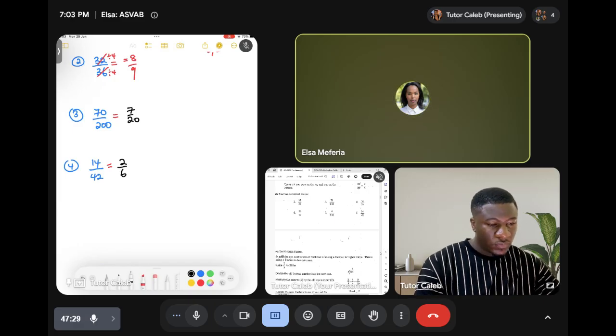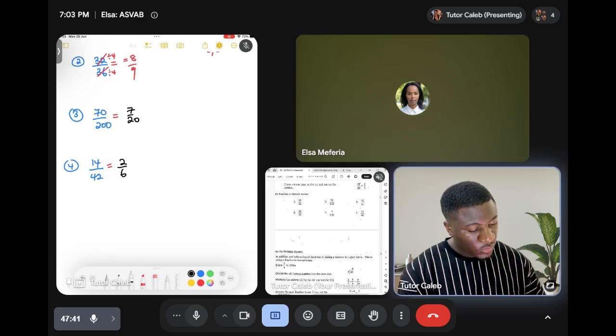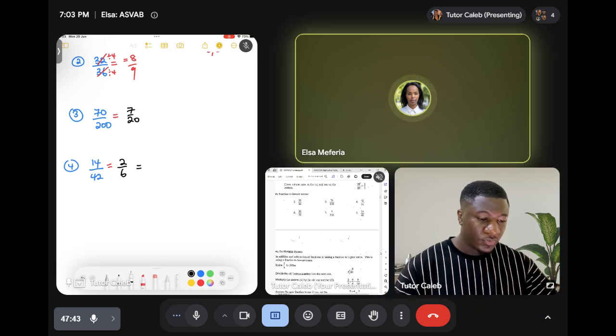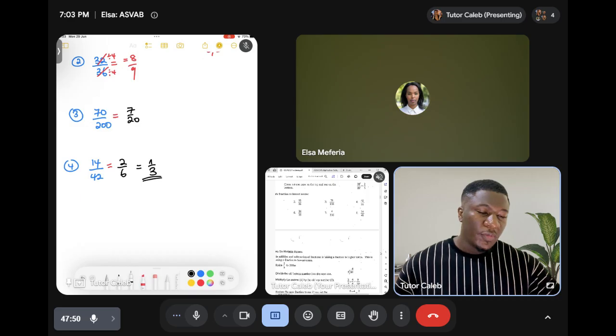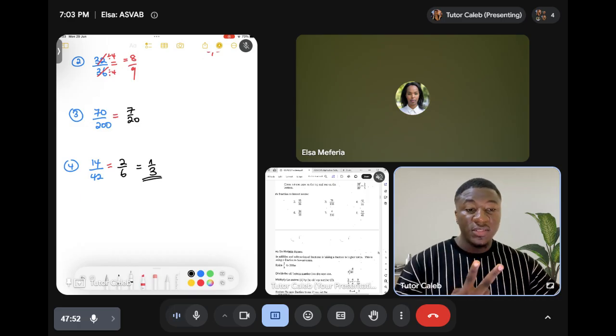Divided by 2 is going to be 2 divided by 2. And then 6 divided by 2 is 3. 1 over 3. 1 over 3.